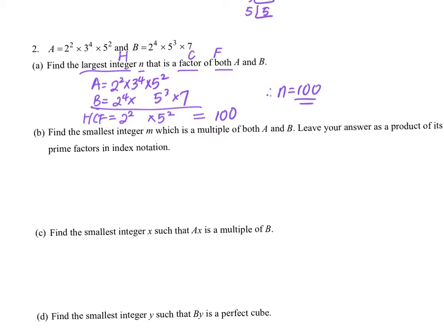Now I have a and b, multiple of both. So multiple of both meaning LCM, lowest, the smallest, right? So when it's an LCM, I want the highest power, sorry, right?